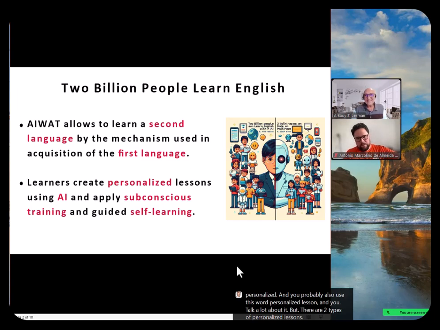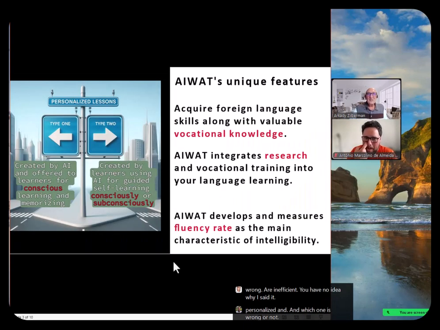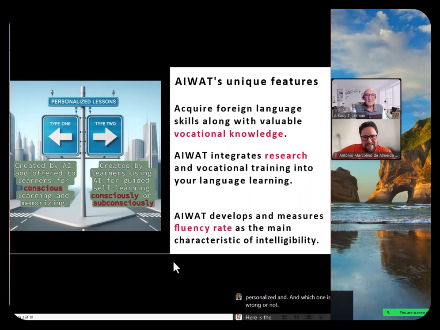Unfortunately, most personalized lessons used today are wrong, are inefficient. Here is the explanation. One type is created by AI, that's what you use, and offered to learners for conscious learning and memorizing. That's why this personalized lesson wouldn't work, because we cannot memorize.